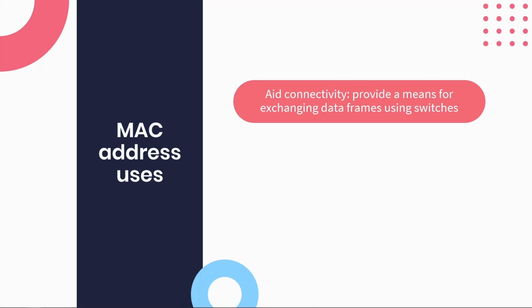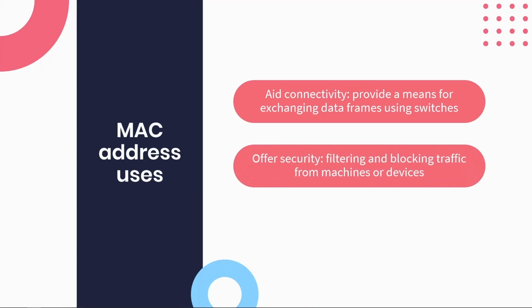MAC addresses provide a means for exchanging data frames using switches. For security, because of their uniqueness, they can be used for MAC address filtering and blocking traffic that comes from certain machines or devices. We will go into this in more detail when we get to the section on using MAC addresses to secure network devices in Module 2.